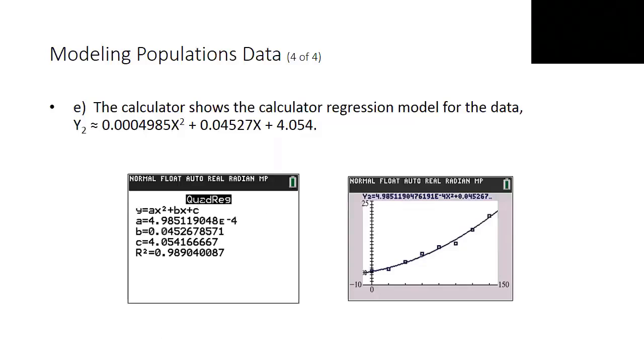As you can see, we can ask our calculator to find the values of a, b, and c, and we can approximate these values here. So y would be equal to: the value of a is calculated to be 0.004985, b is calculated to be 0.04527, and c is 4.054. So that is our best fit.